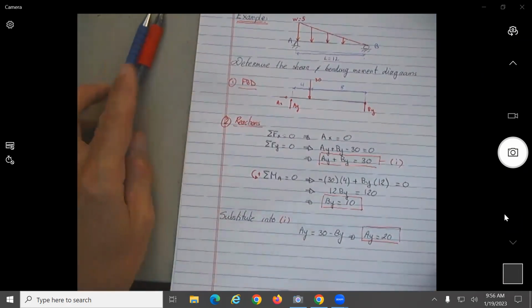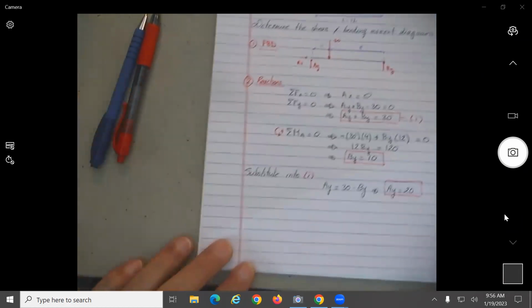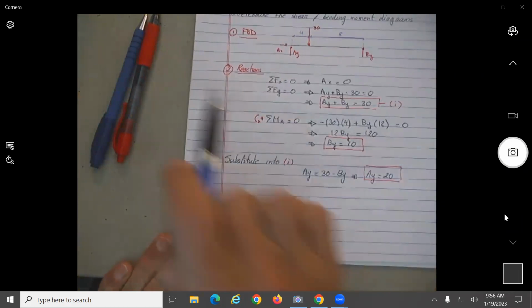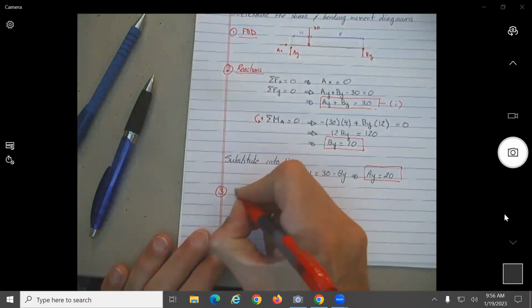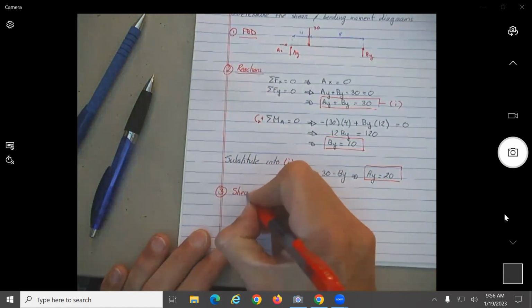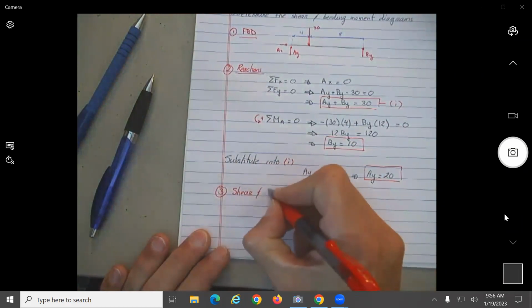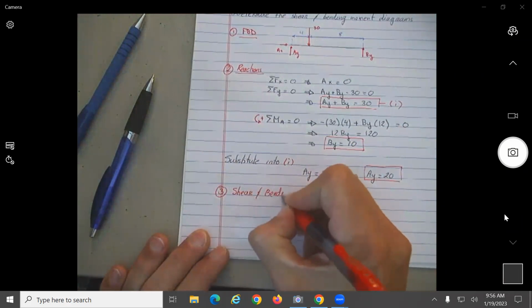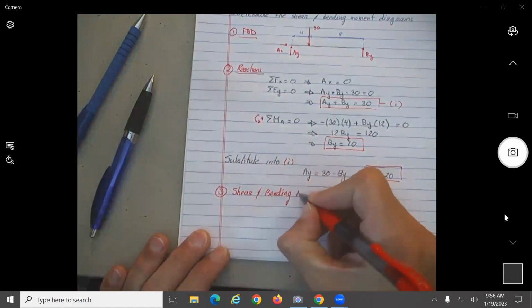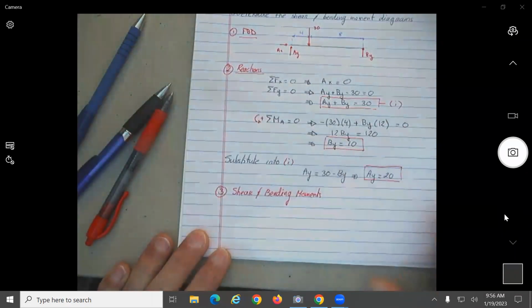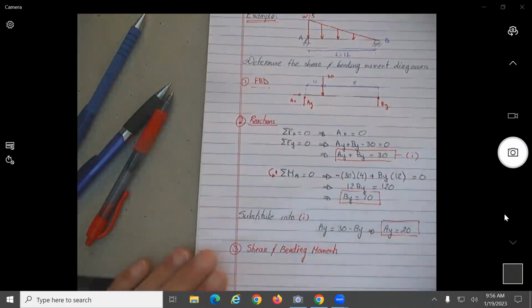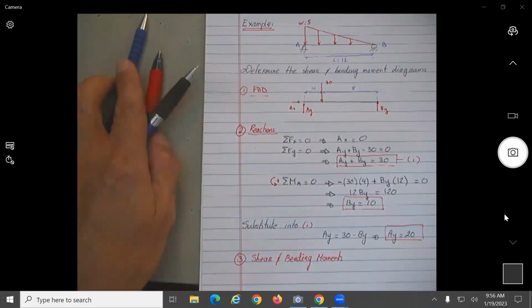So what should be step 3? What is step 3? Shear and bending moment. So here you have a choice. There are two different ways to do it, but one is much easier than the other.